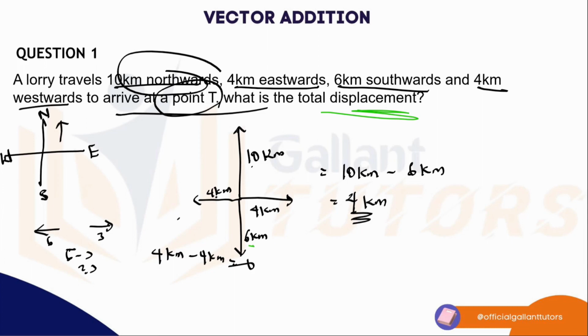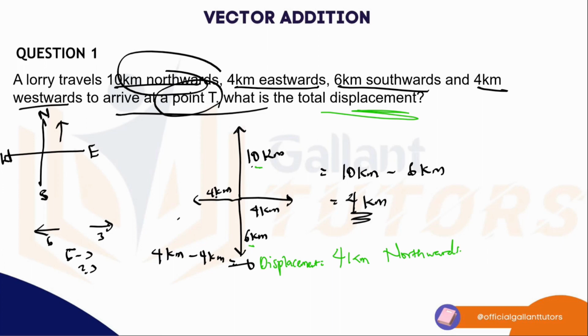So where is this pointing to? This is 6 kilometers, this is 10 kilometers. So definitely it's pointing what? Northward. So we're going to say for the displacement is at 4 kilometers northwards. Is this clear?